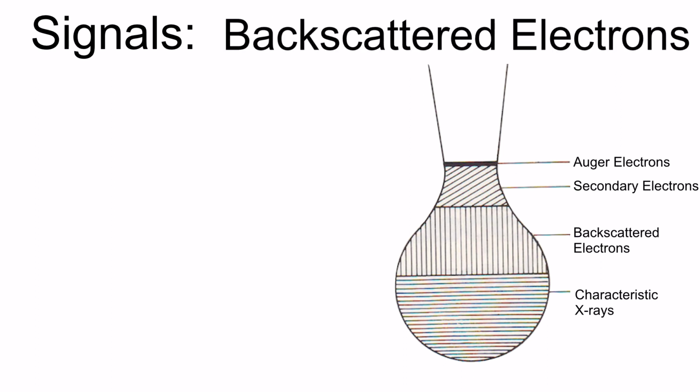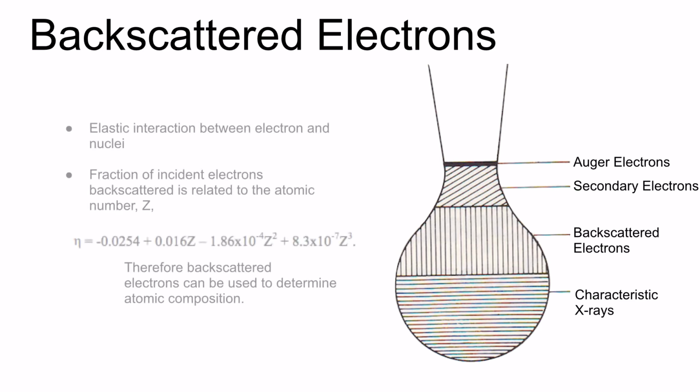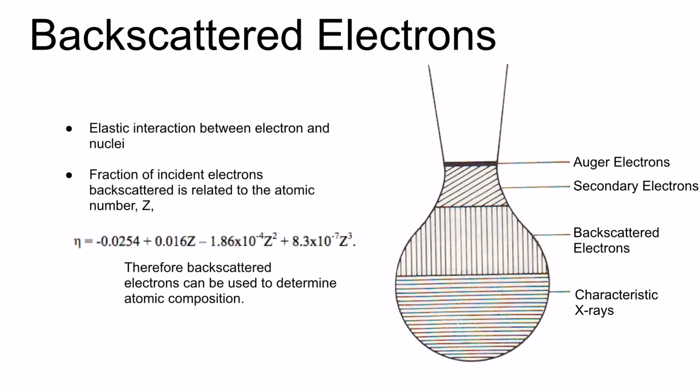Backscattering electrons occur when high-energy electrons are incident on the relatively massive atomic nuclei, causing elastic emission of another high-energy electron. The intensity of the signal is proportional to the probability of encountering an atomic nuclei, which depends on the density of the sample.